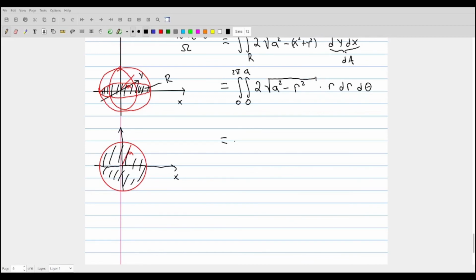The first thing is that this 2 will come out. And if we do a u substitution of a squared minus r squared, remember du will be equal to negative 2r dr. And actually, we don't even need to move this 2 out.